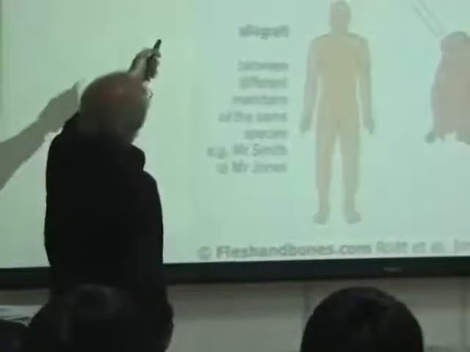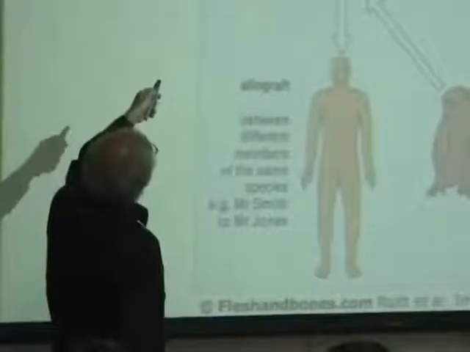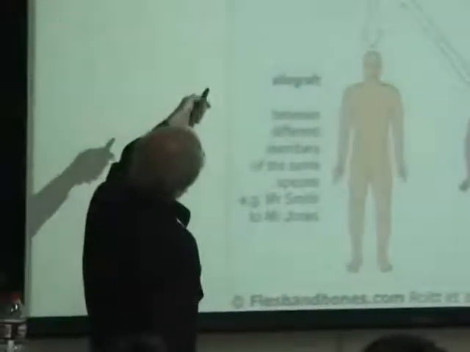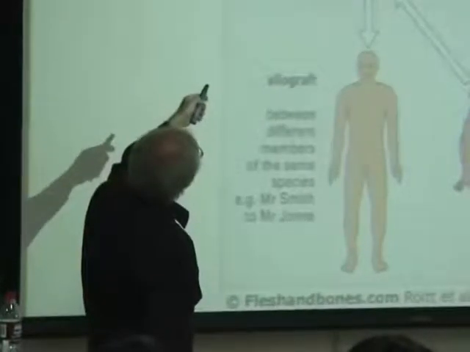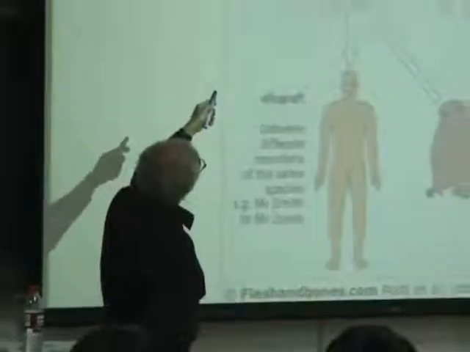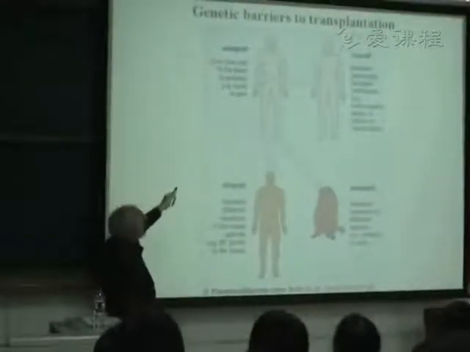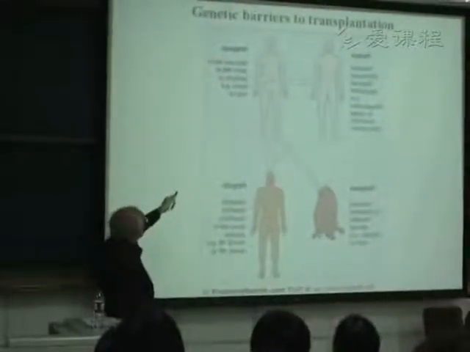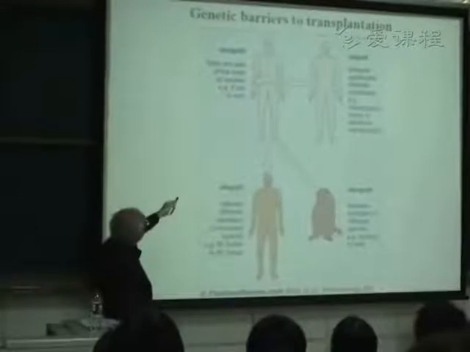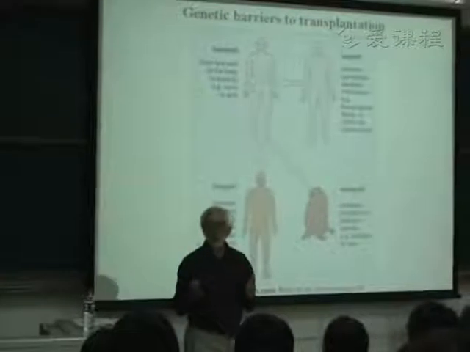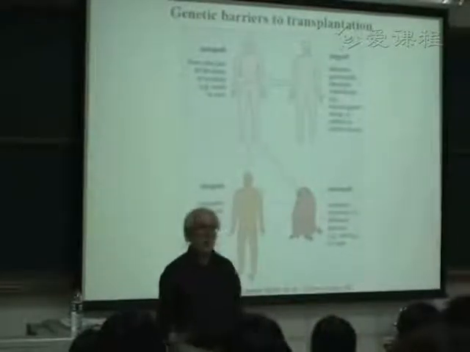You can have what is called an autograft. An autograft is where you take something from one part of the body and transfer it to another part on the same individual. And this is very often done when somebody has burns.